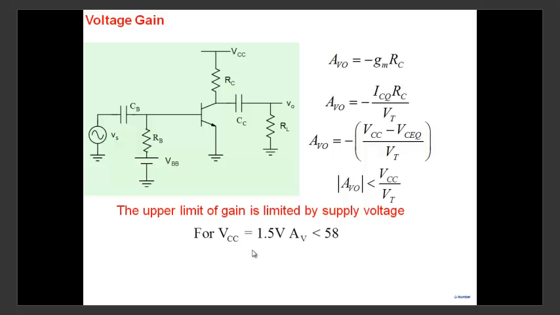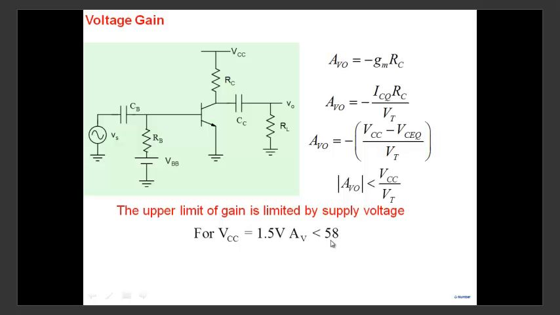And that's why it becomes so challenging to design high gain amplifiers for low voltage. If I want to run my amplifier on 1.5 volt, with 1.5 volt here and thermal voltage of 26 millivolt, I find that the gain is less than 58. No matter what you do with RC, RB, or a beta of 500 or 1000 or 100, you can never get a gain more than 58 at room temperature.